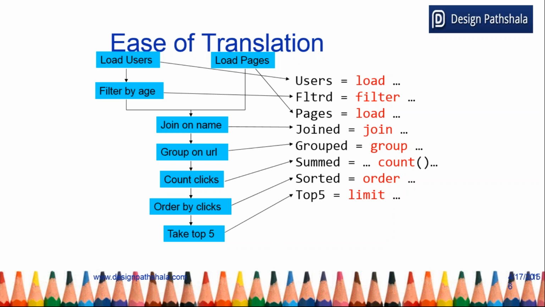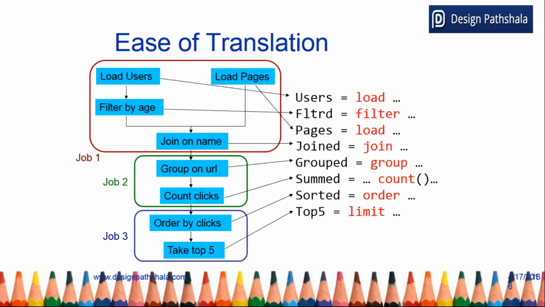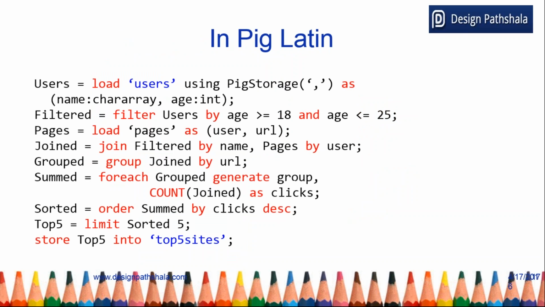I can order them and limit to the top 5. So at the back end, this will create 3 jobs, that is 3 MapReduce cycles for you, and everything would be done, everything would be transparent to you. And this is how the code would look.